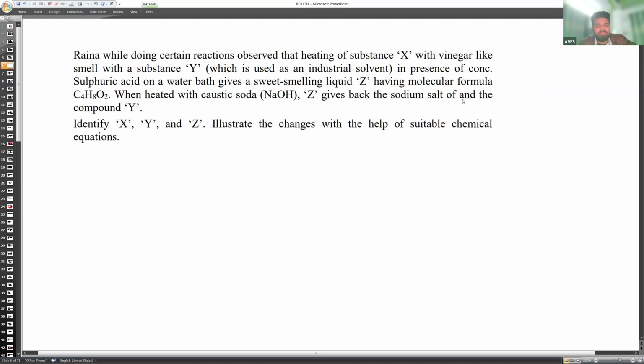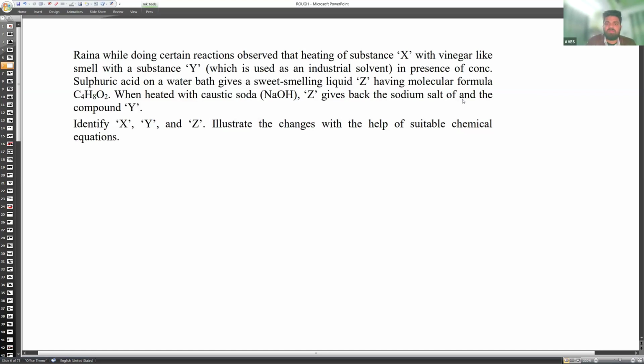In the presence of concentrated sulfuric acid on a water bath, it gives a sweet-smelling substance Z, which has the molecular formula C4H8O2. When heated with caustic soda, it gives Y. So tell me, what are X, Y, and Z? X is ethanoic acid, Y is ethanol, and Z is ethyl ethanoate. Yes, simple.